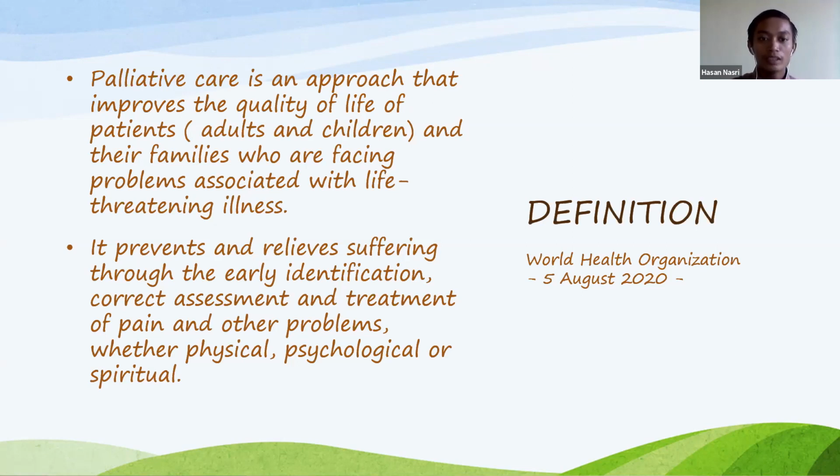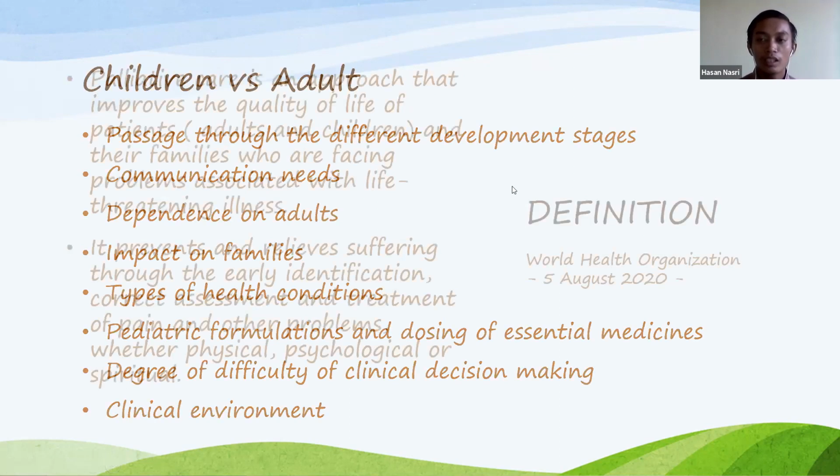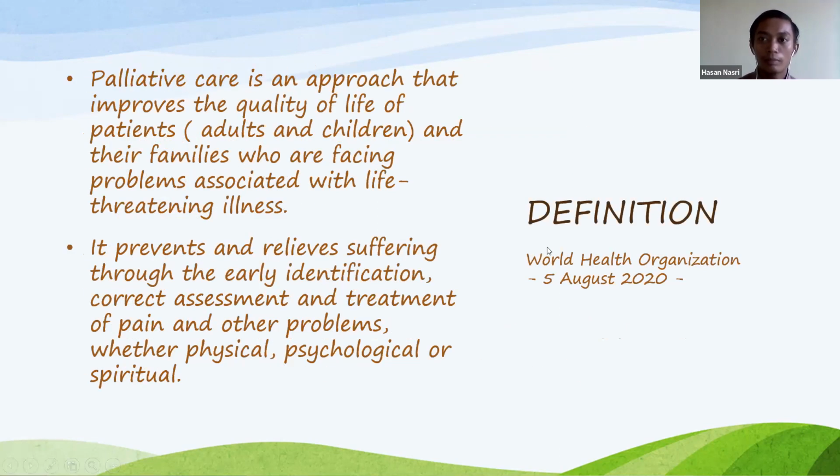It aims to prevent and relieve suffering through early identification, correct assessment, and treatment of pain and other problems, whether physical, psychological, or spiritual. It means a multidisciplinary approach to the patient. We have doctors, nurses, and also counselors taking part in palliative care.